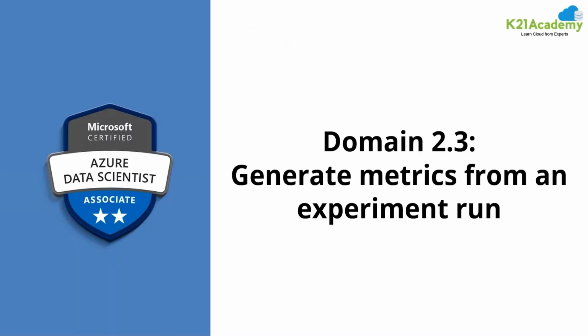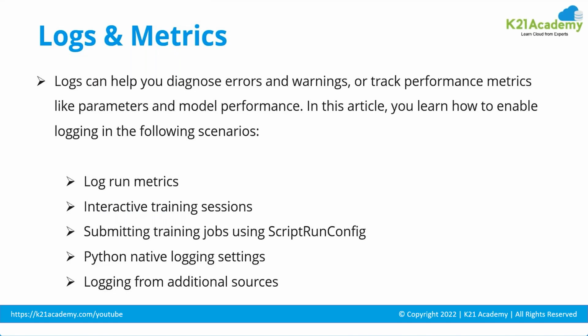Next, generate metrics from an experiment run. Every time after we have trained our model, everything pertaining to that particular training, you are able to capture and store in your log files. The logs can help you to diagnose errors and warnings or track performance metrics like parameters or model performance.